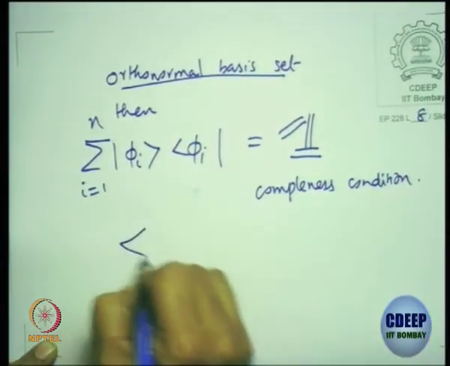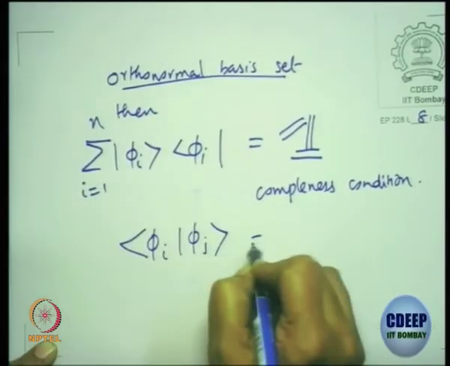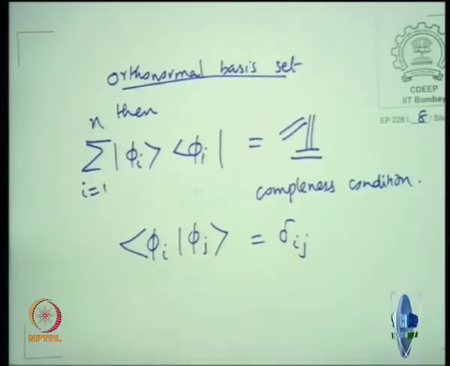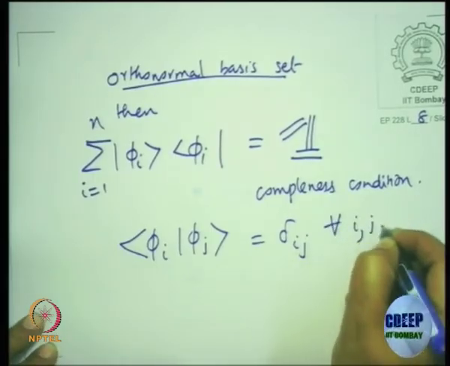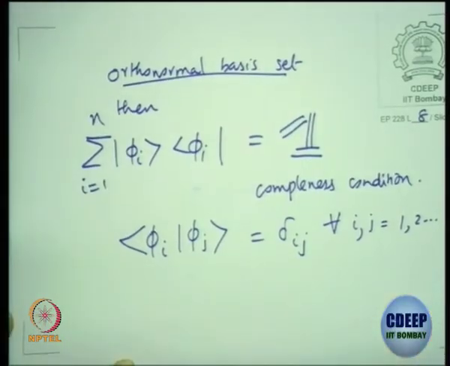and once you say it's an orthonormal basis, it's understood that <phi_i|phi_j> is delta ij for all i, j, which is 1 to n. What else?